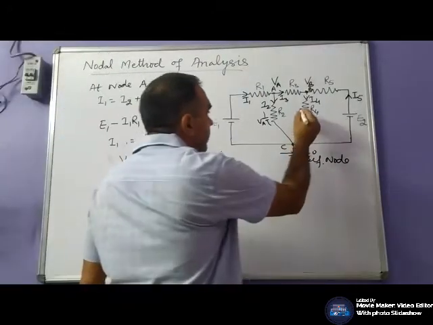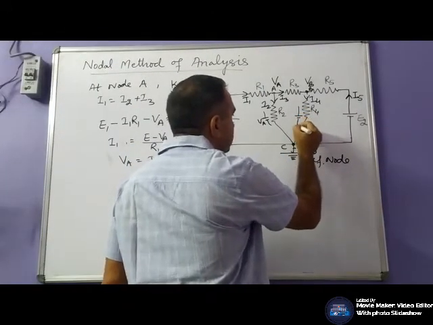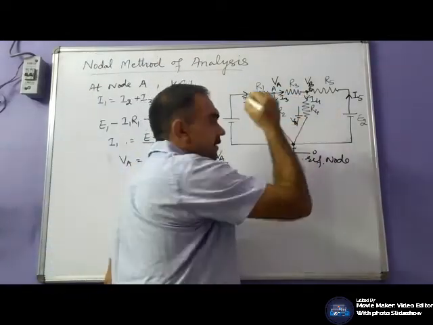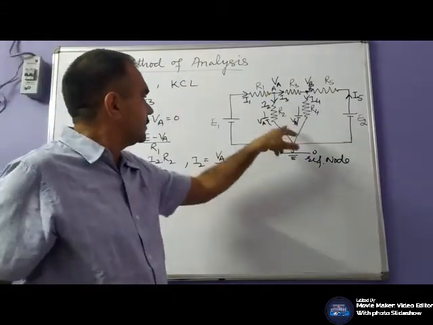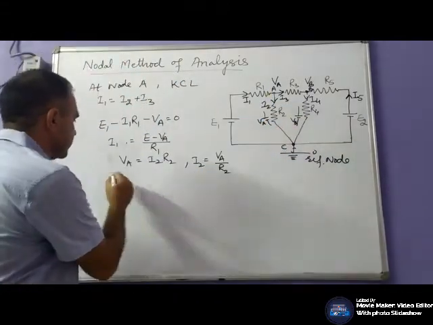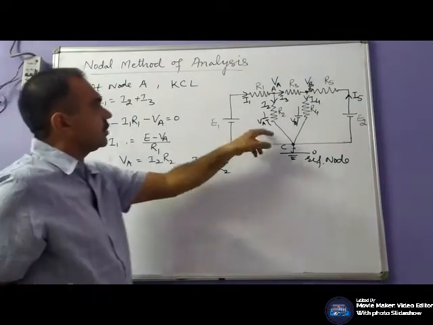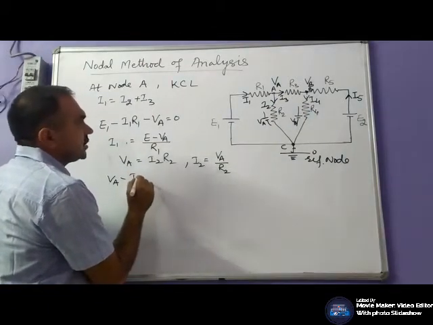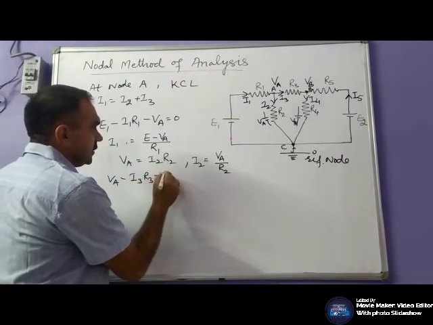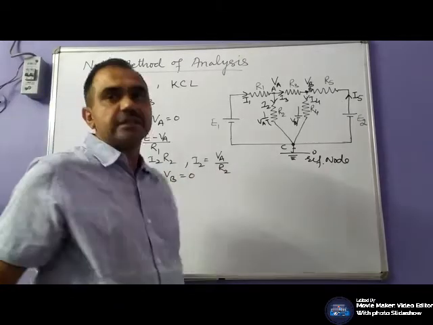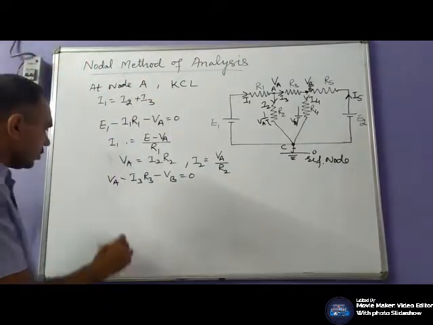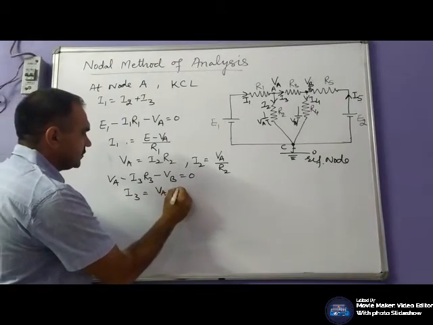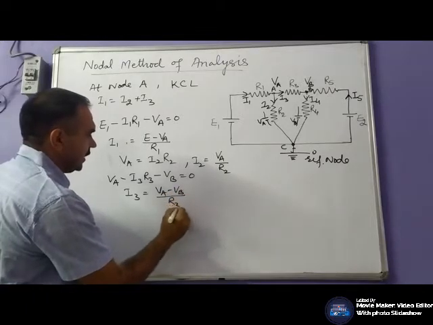Or in other words, this branch has a potential of VB. Now apply KVL. Moving from lower potential to higher, VA minus I3 R3 minus VB is 0. Or I3 would be (VA minus VB) by R3.